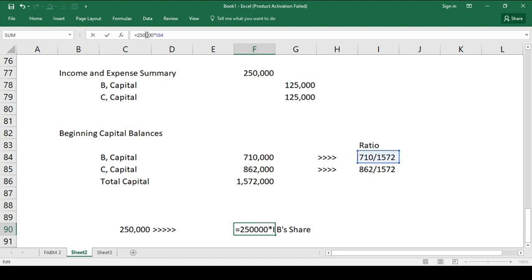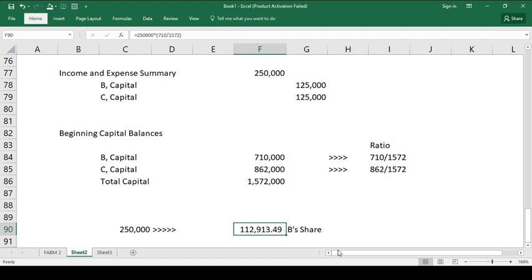Okay, hindi pa rin gumagana. Okay, sabihin na lang natin 710 over 1572. Okay, gumana na. Buti na lang. So ibig sabihin, the share of B on the net income of 250 is 112,913.49.